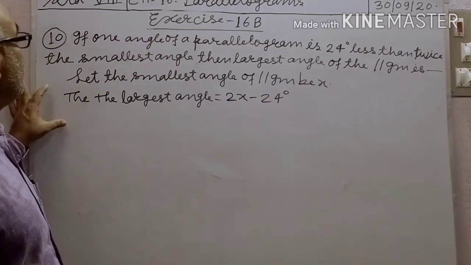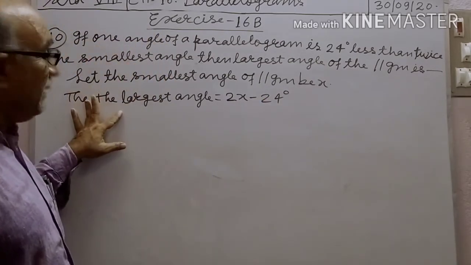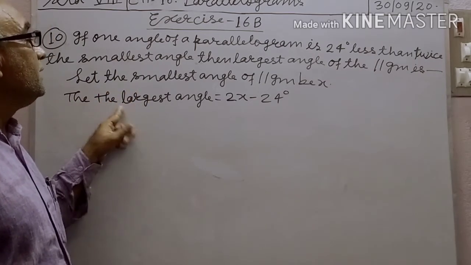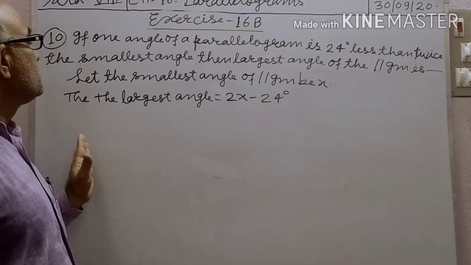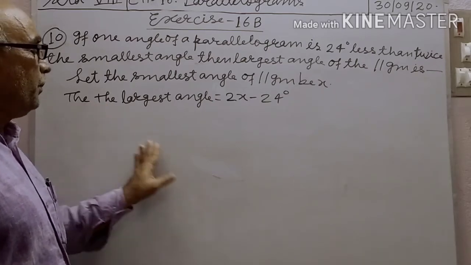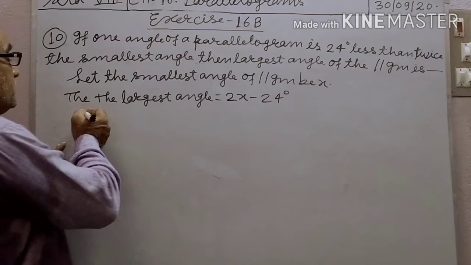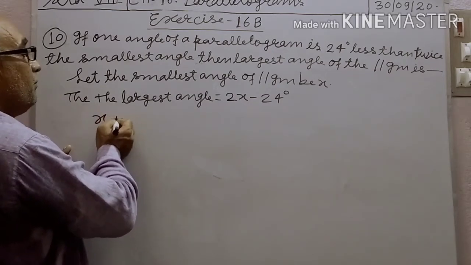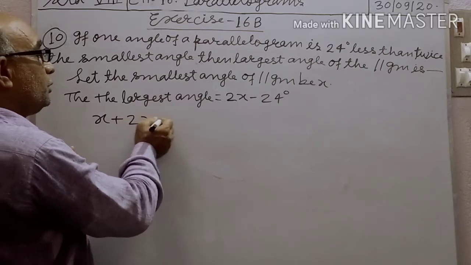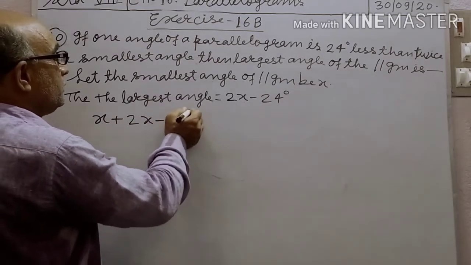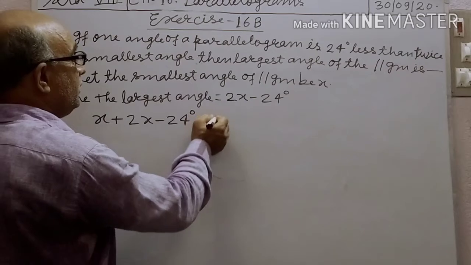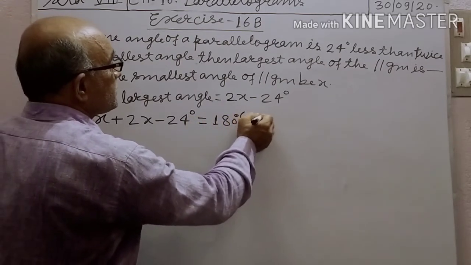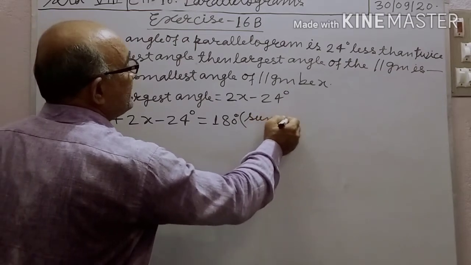Students, clear? One is the smallest angle and the other is the largest angle, and also the sum of adjacent angles. So x plus 2x minus 24 degree equal to 180 degree, sum of adjacent angles.